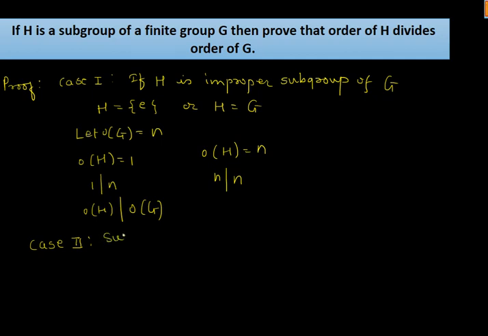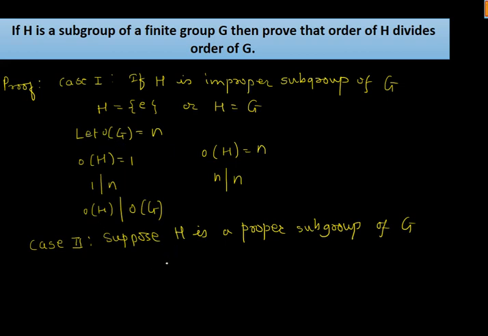So suppose H is a proper subgroup of G. Now already we have assumed that the order of G is equal to n.